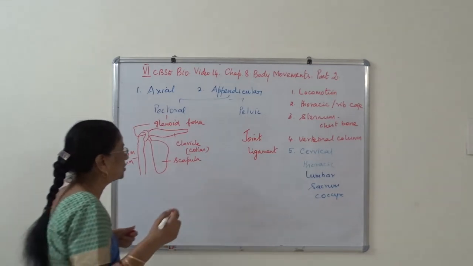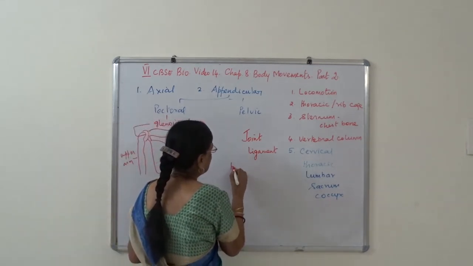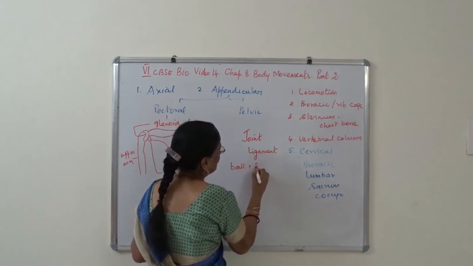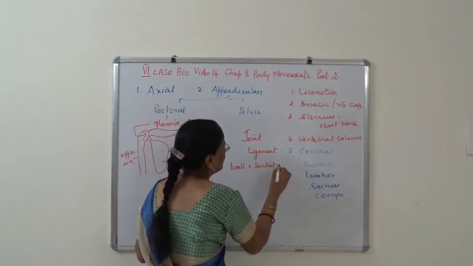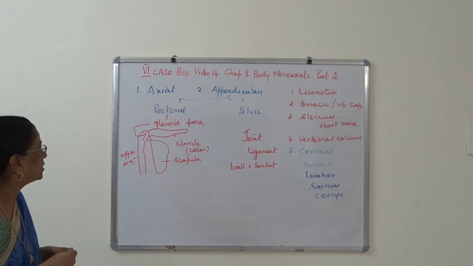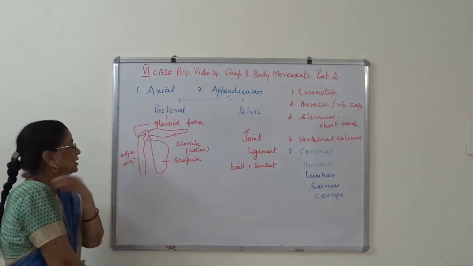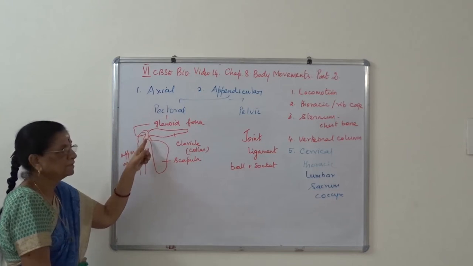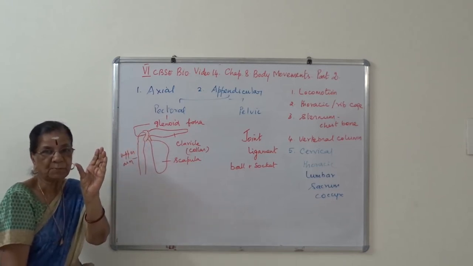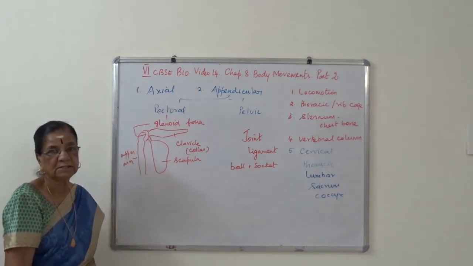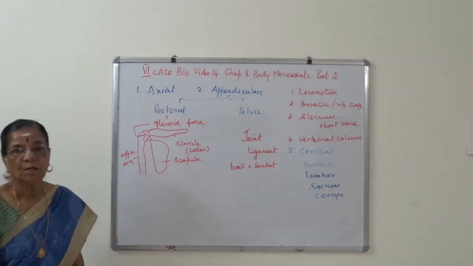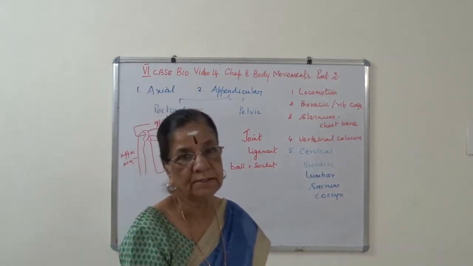This is called a ball and socket joint. The ball fits into this cavity, forming a cup shape as a socket.